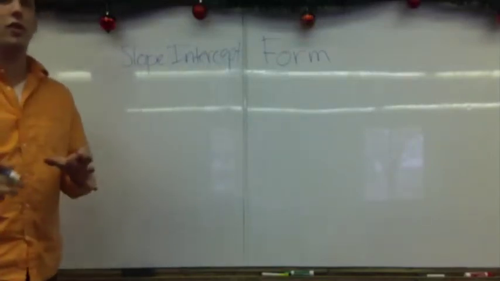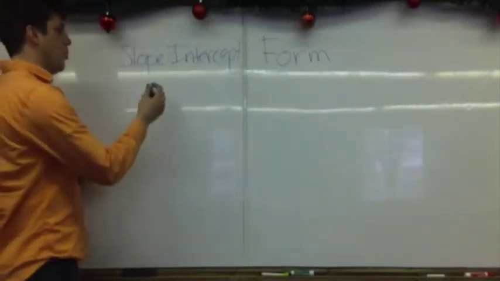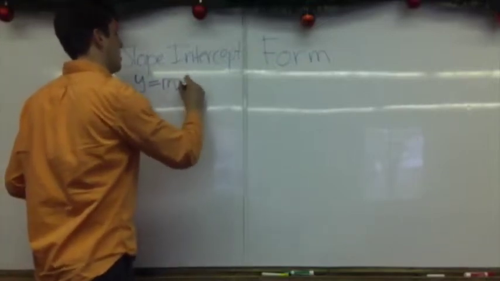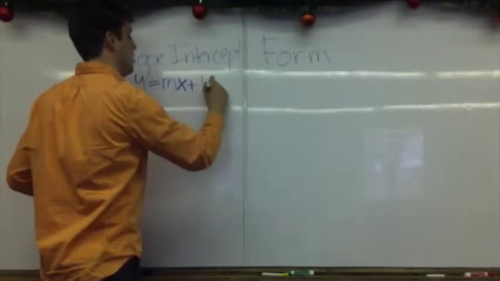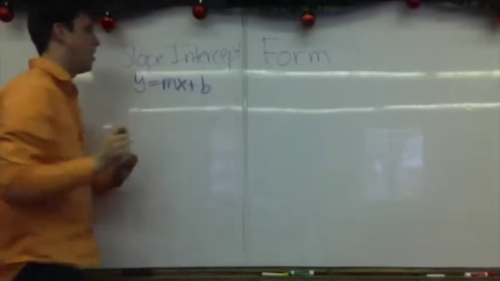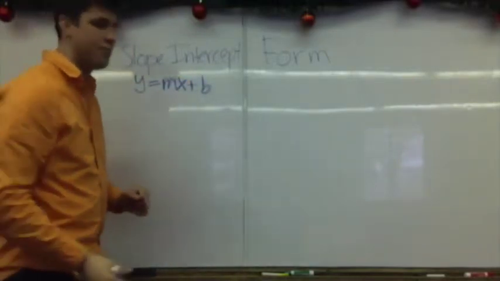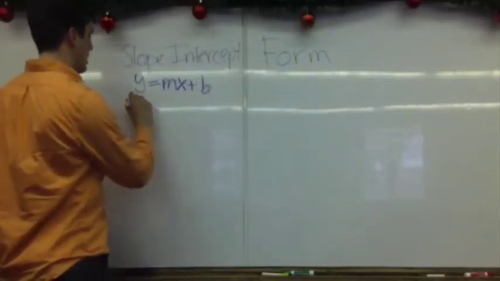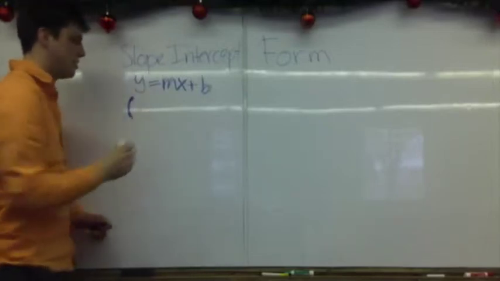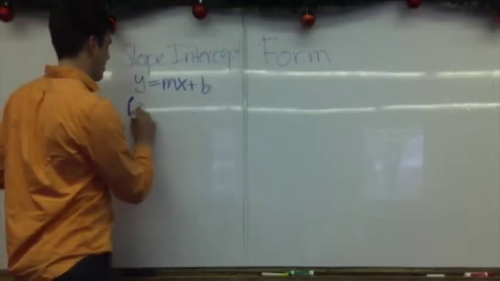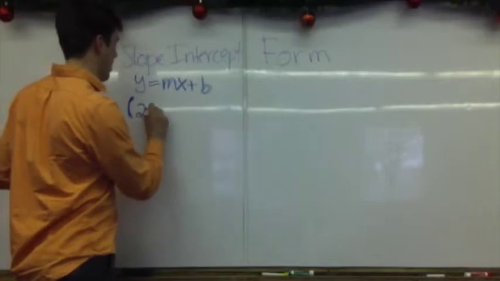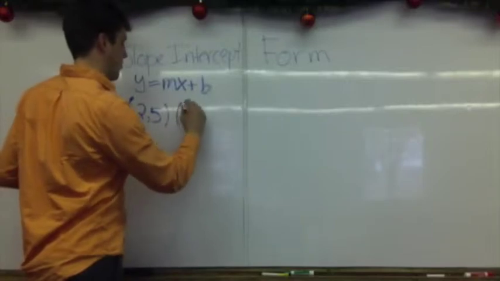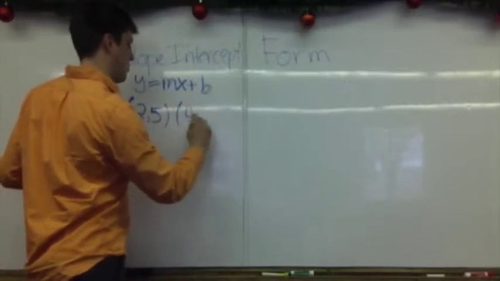Today, we're going to take 2 points, and we're going to be able to tell what this equation, y equals mx plus b, is. We're going to be able to tell what m and b are from only 2 points. So here's what I want you to try and discover today: how to take 2 points, let's say 2 and 5, and then the next point, 4 and 10.